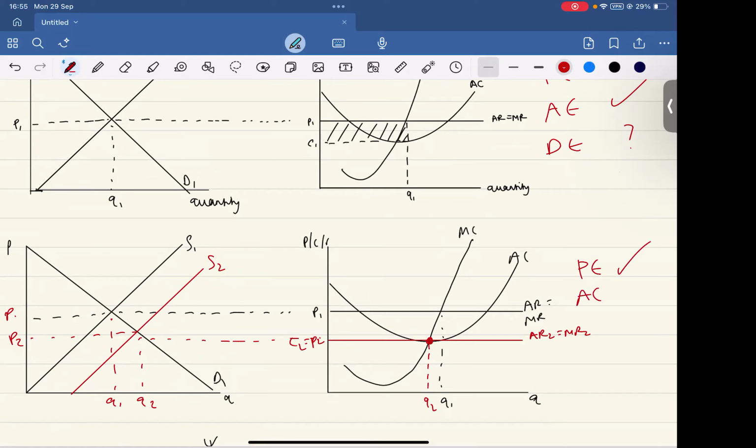We have allocative efficiency because our price equals our marginal cost, again here. And we have no supernormal profit and no dynamic efficiency because there's no supernormal profit in the long run. Whatever supernormal profits they were making was only for a short amount of time until maybe, say, the next day when a new ice cream van would drive onto that beach.